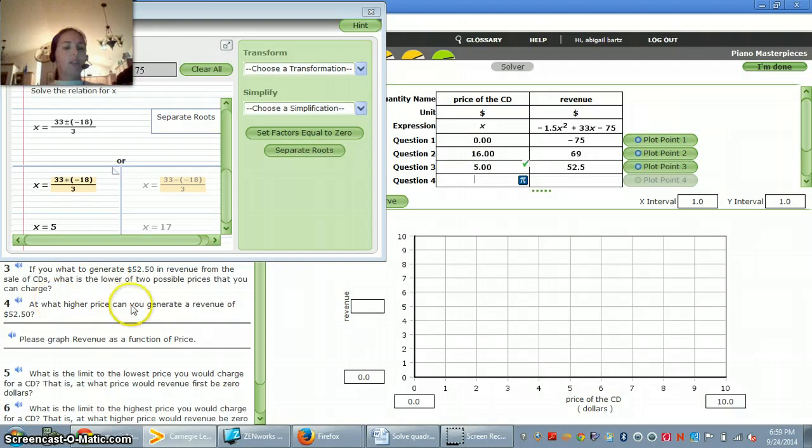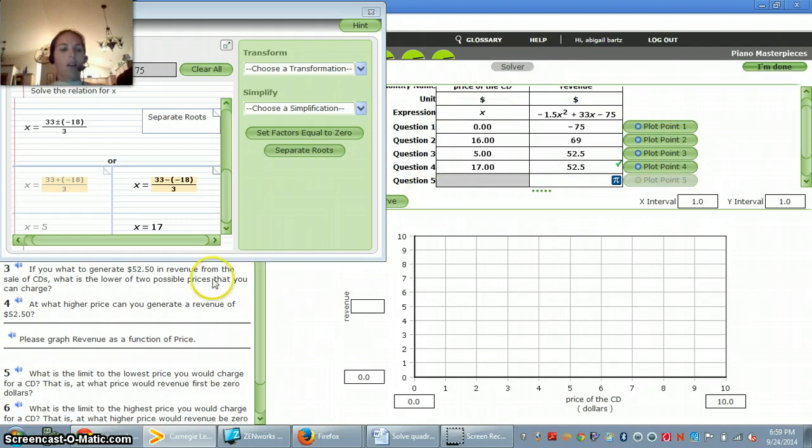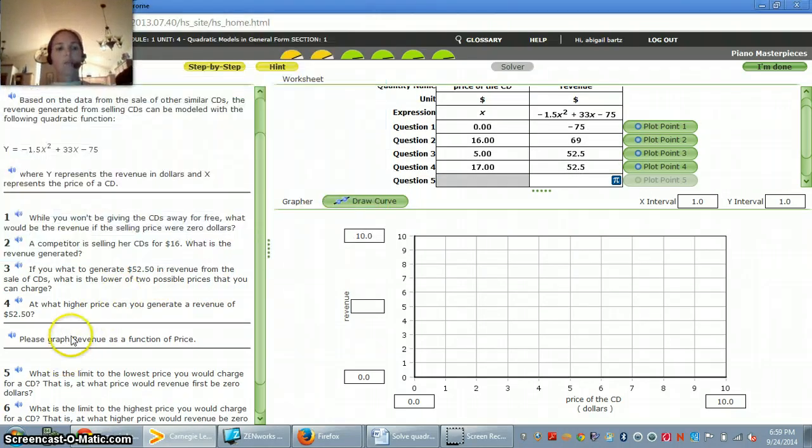And then it asks, what higher price can you generate a revenue of $52.50? Well, we have it right here. You could also charge $17, and that would also get you your $52.50.